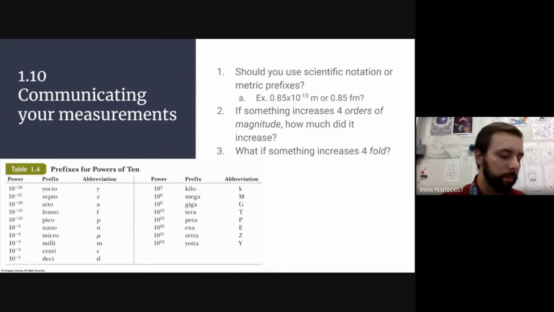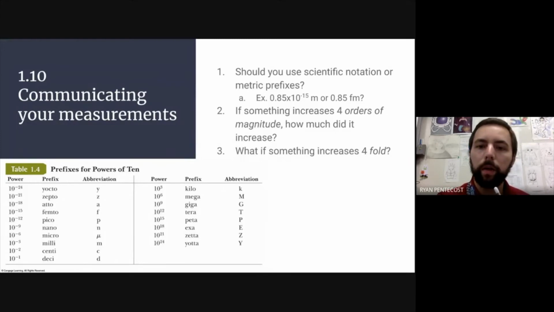So number one, should you use scientific notation or metric prefixes? For example, we have 0.85 times 10 to the negative 15th meter, which is really, really small, or 0.85 femtometers. So one is scientific notation, one uses a metric prefix, and I've got the metric prefixes down there for you to look at.